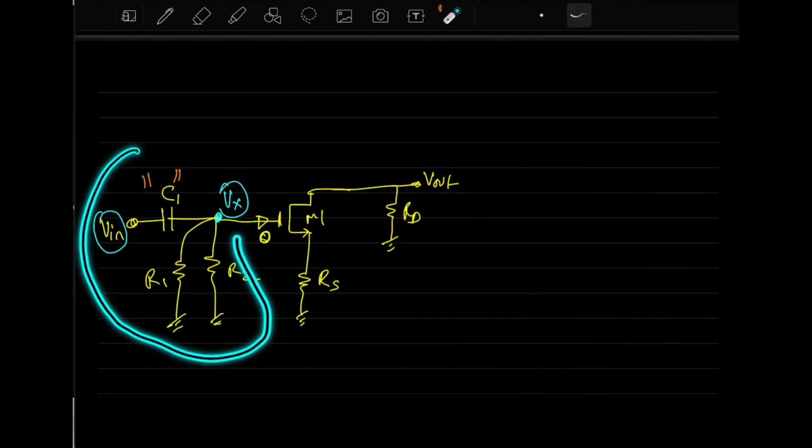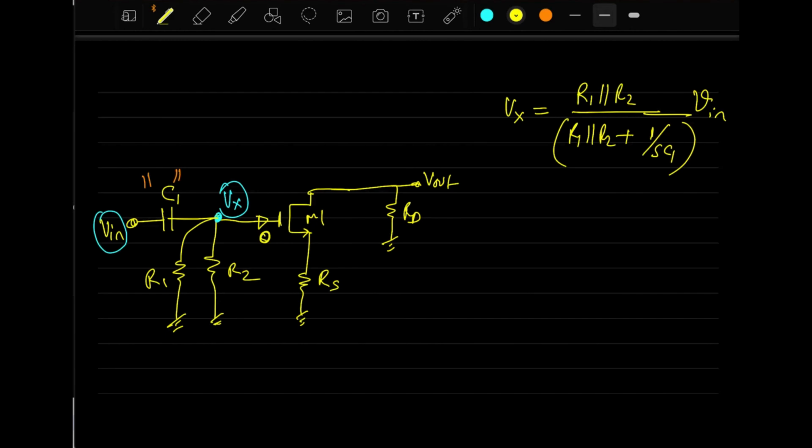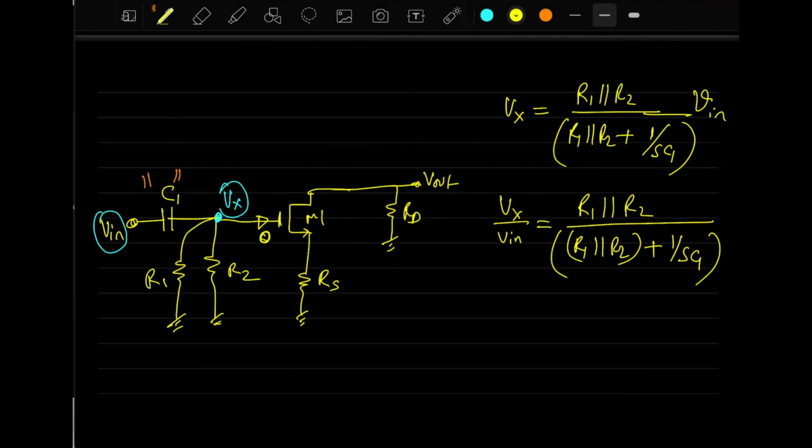So the value will be Vx is equal to R1 parallel R2 divided by R1 parallel R2 plus 1 over SC1, times Vin. So your Vx by Vin will be R1 parallel R2 divided by R1 parallel R2 plus 1 over SC1. This is the voltage divider that we have discussed.